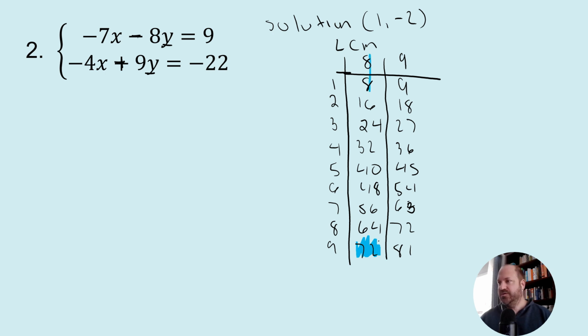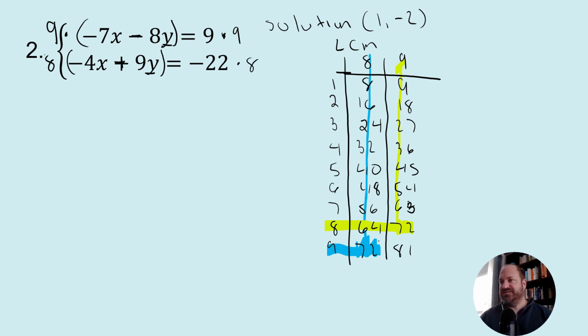All right, so 8 times what is 72? Well, 8 times 9. And for the 9, what do we do to get 72? Well, 9 times 8. So in this top equation, I need to multiply this top equation by 9, and this bottom equation, I need to multiply by 8.